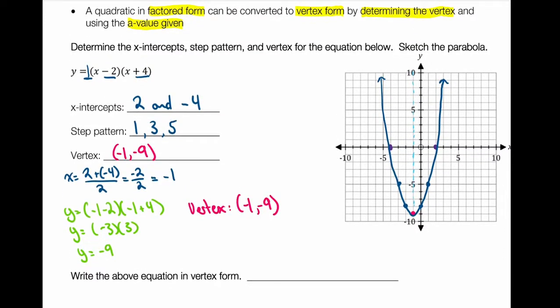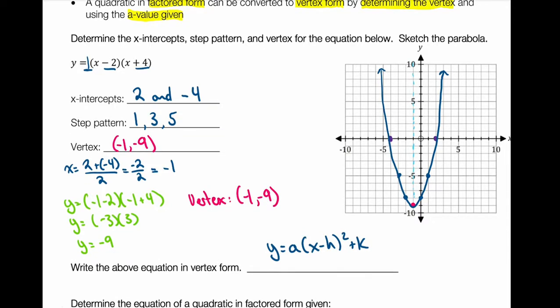Secondly, if I want to write this quadratic in vertex form, I can do that as well. Again, reviewing from what we talked about, vertex form is y equals a, x minus h squared plus k. I know my h and k values now from the vertex that I found, and I know my a value because it's the same as in my factored form.